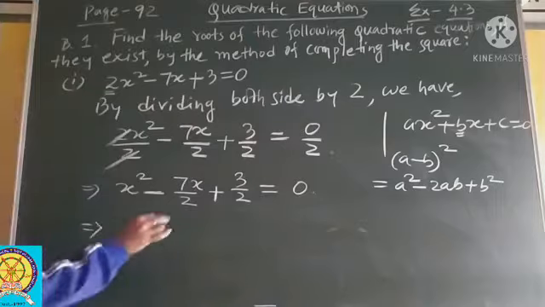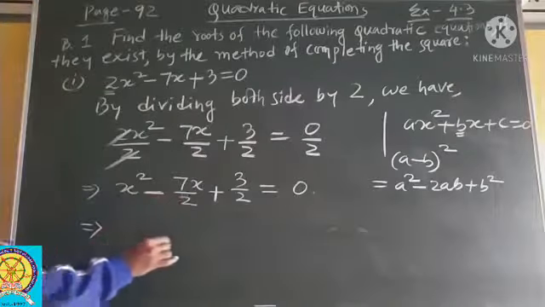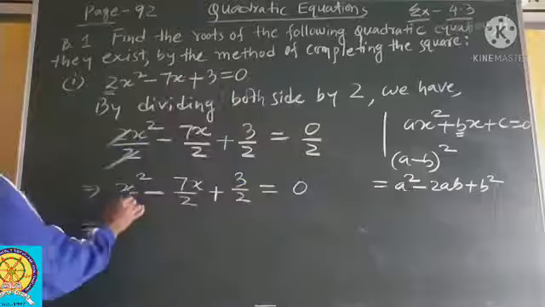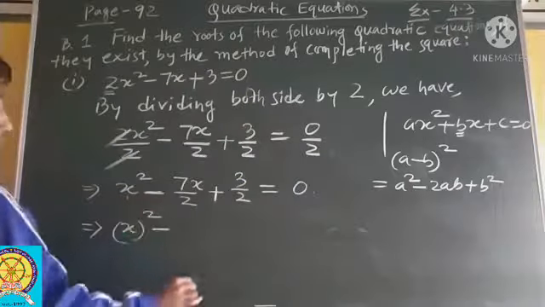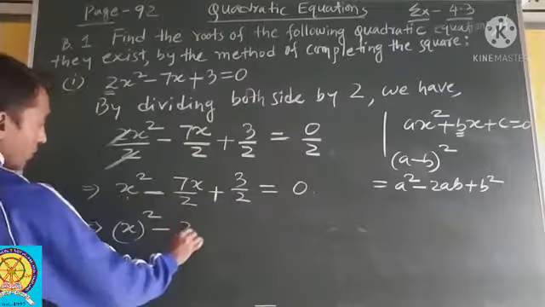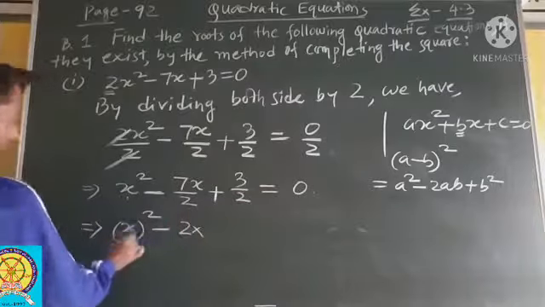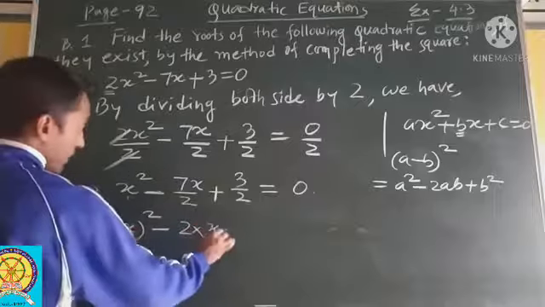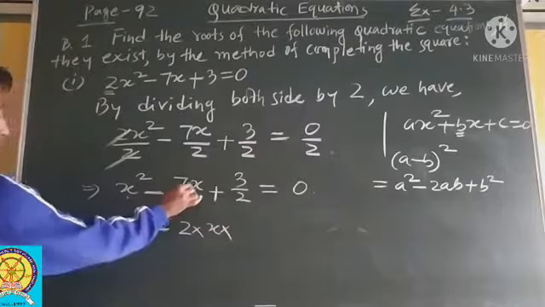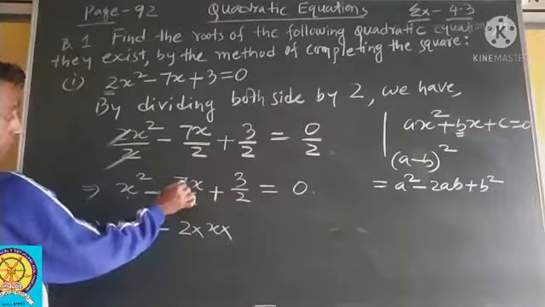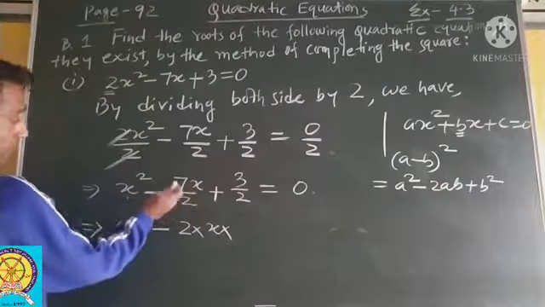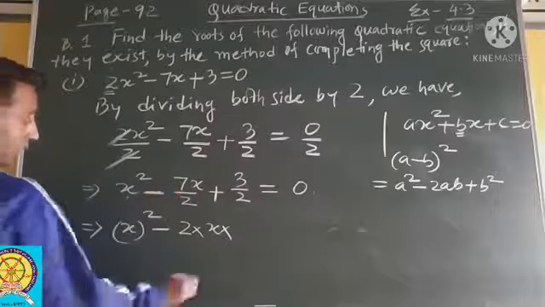As per the identity, we have a squared. Here x is there, so x squared minus, as per the identity, we have 2ab. Value of a is how much? x. Now you see the coefficient of x, how much? Minus 7 by 2. You have to make it minus 7 by 2.